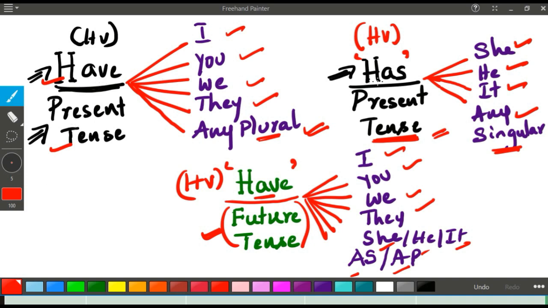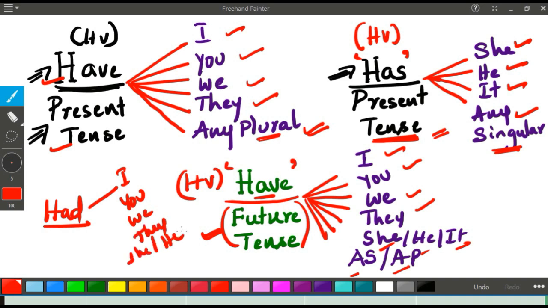What is the past tense of have and has? We already know it is had. In past tense, whether the sentence is starting with I, you, we, they, she, he, it, or any singular, any plural, we have one resort, that is had. So in present, either have or has. In past, only had. In future, only have. This is the only message you have to lock in your brains.